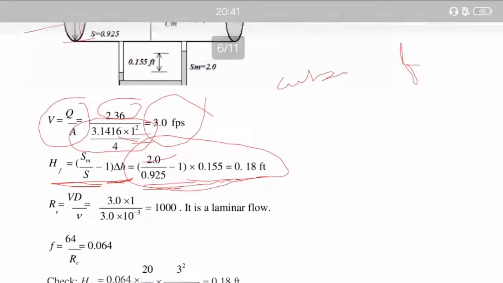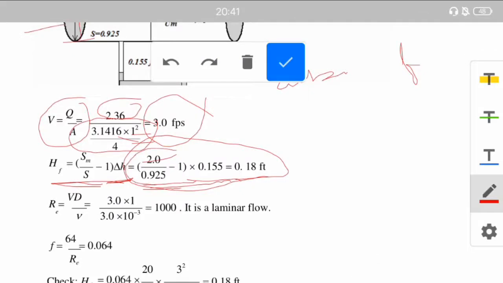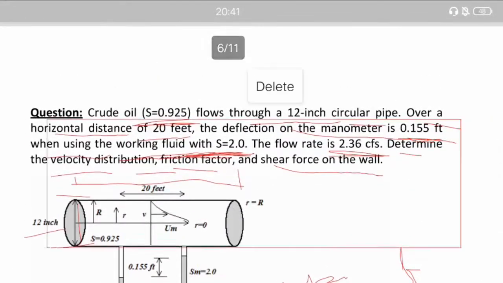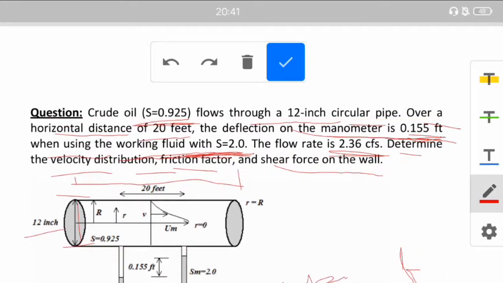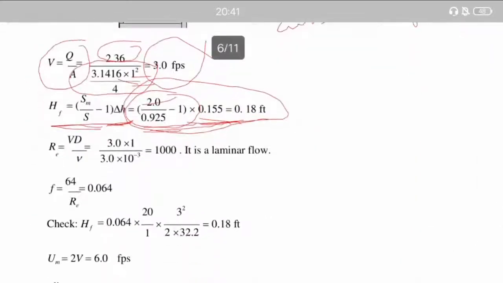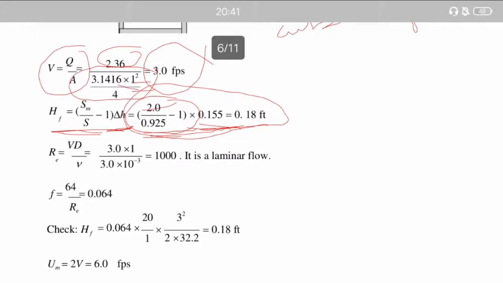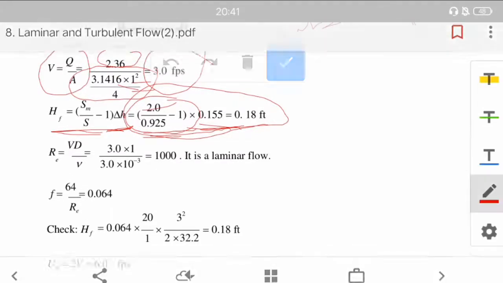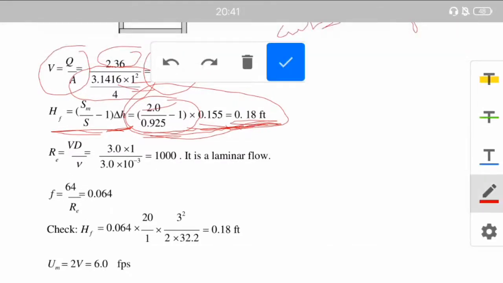So it's 2 upon 0.925 minus 1 times 0.155, which is the manometer reading, 0.155 feet. Therefore we get the value of hf from the manometer, that is 0.18 feet.